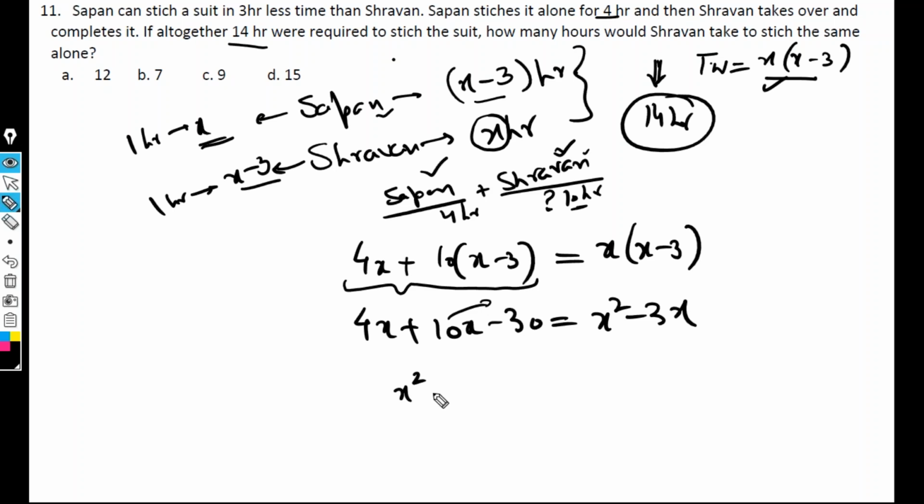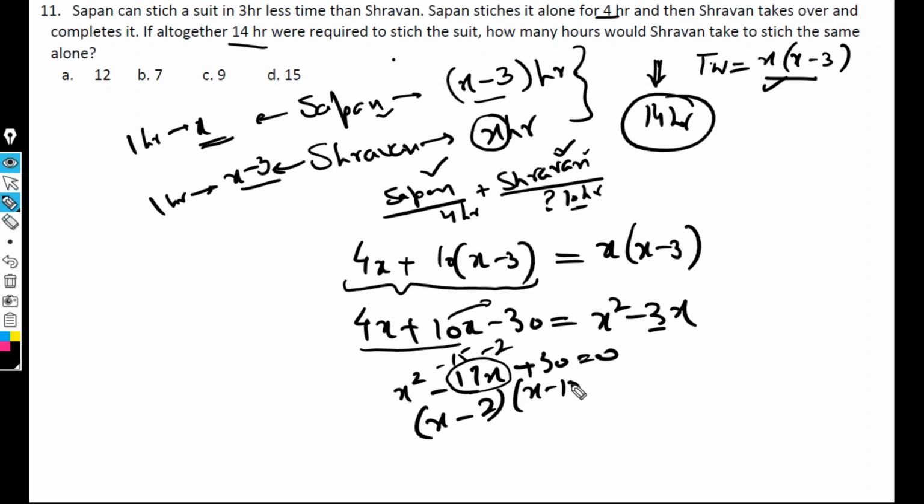So it gives us x square minus 3x minus 14x, which is a total of 17x, plus 30 equals 0. The middle term gets broken into two pieces, which are minus 15 and minus 2. So it gives a result as x minus 2 into x minus 15 equals 0. So x is either 2 or 15.